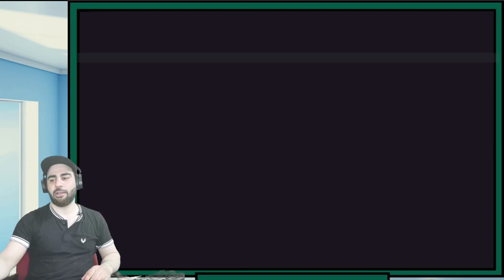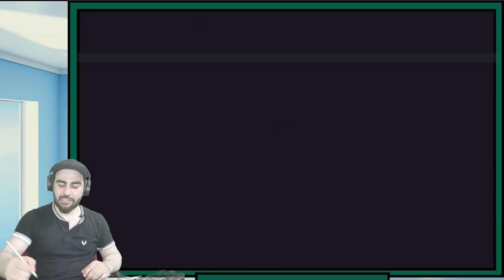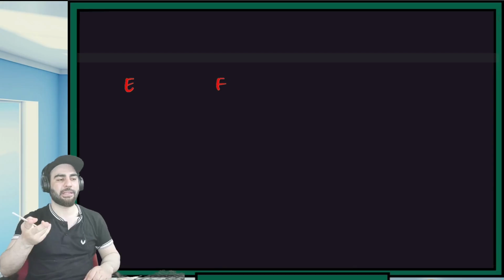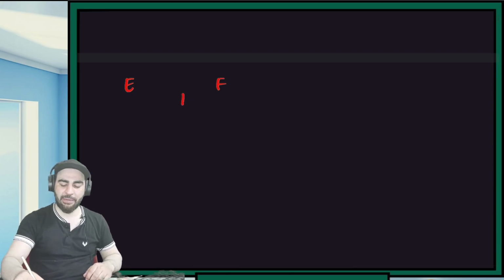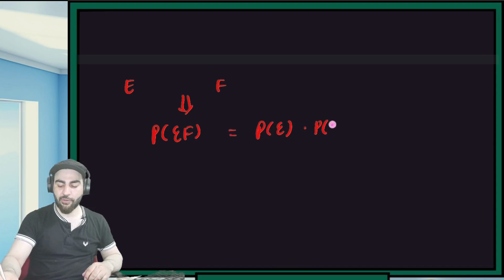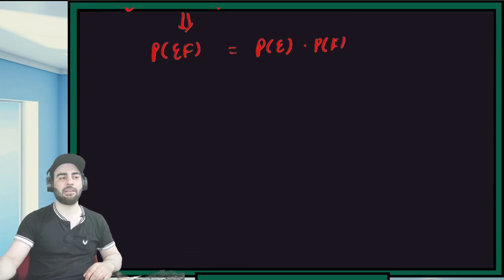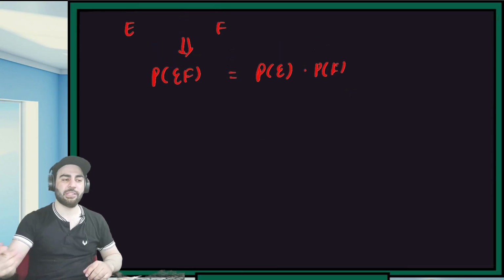Okay. Now I'll prove something to you. Let's suppose we have an event E and an event F. If E and F are independent, by independence I mean probability of E and F is equal to probability of E multiplied by probability of F. Whenever I don't write something, it means intersection. If I put a comma, that also means intersection. If these two events are independent, I am claiming that E and F complement are also independent.